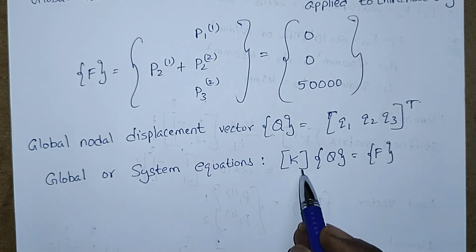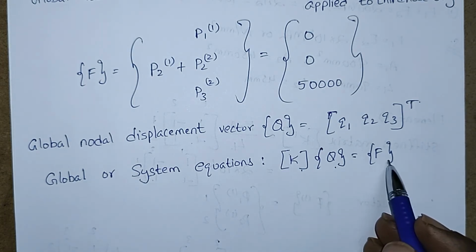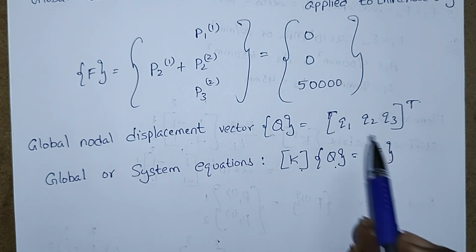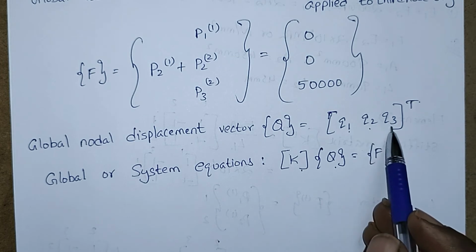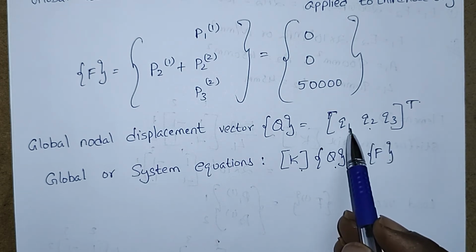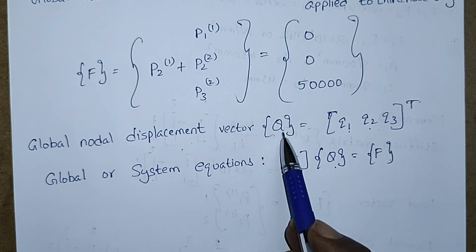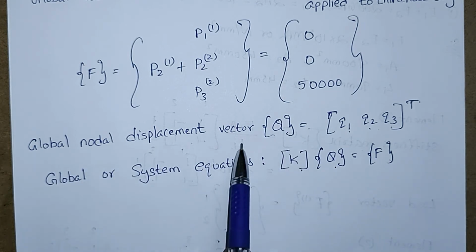Now we know what is K, we know what is Q, and we know what is F. Now we have to calculate q1, q2, q3, because q is the global nodal displacement vector.